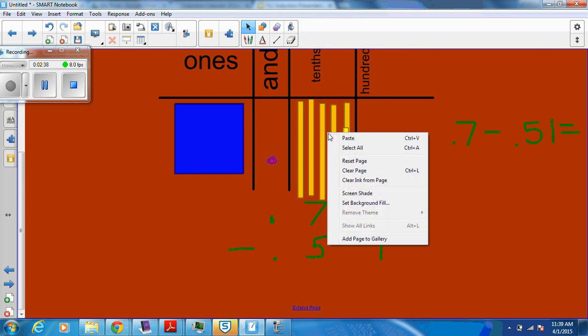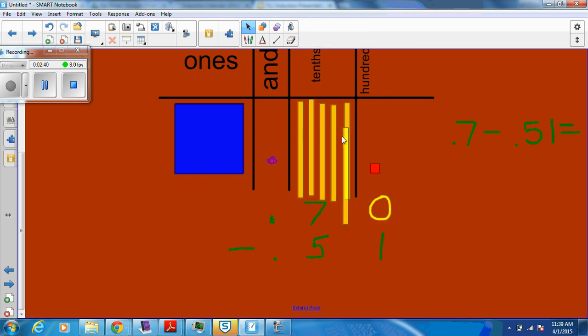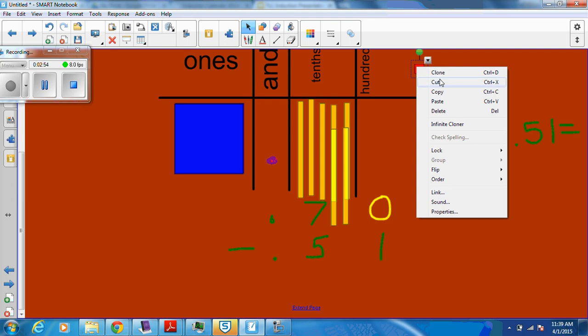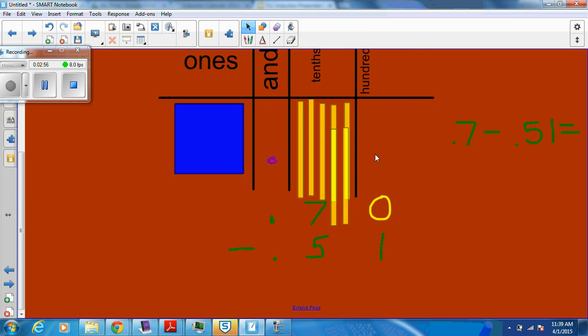Six and 7. So I have 7/10 here, and I know that I have no hundredths. So I'm going to take this unit away just for a moment because I don't have any hundredths.